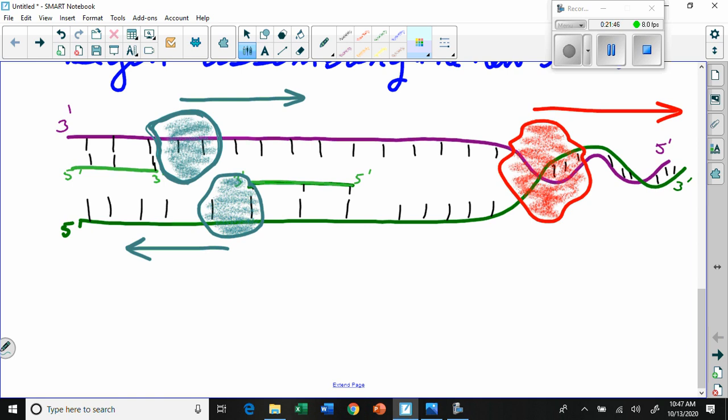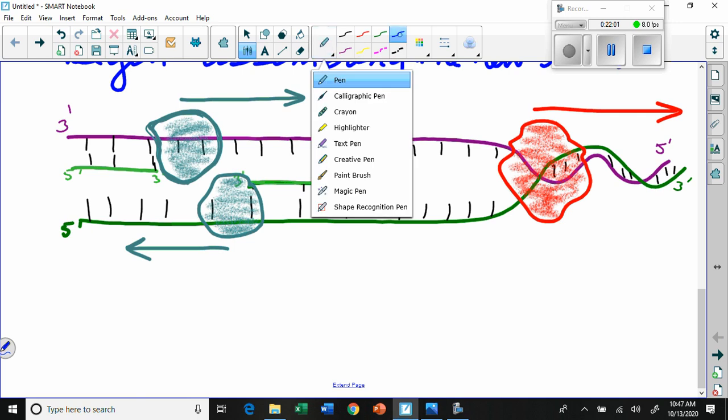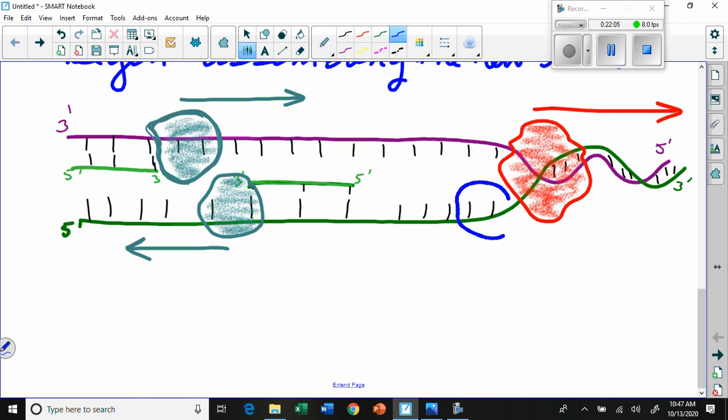Meanwhile, what's going to happen up ahead here is that primer enzyme is going to come back and insert another piece of primer right here. So I need the blue enzyme to come back. And he's attaching right here again.